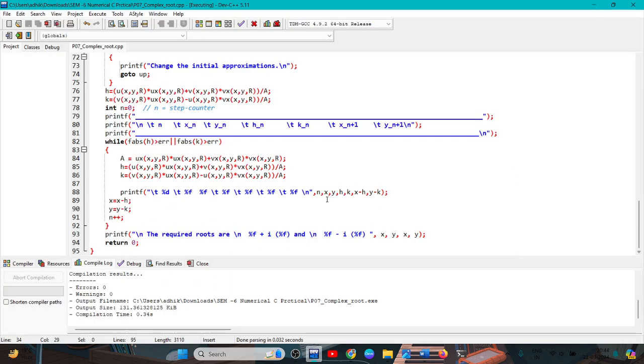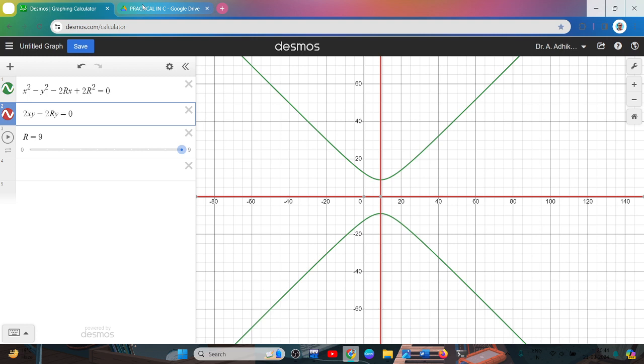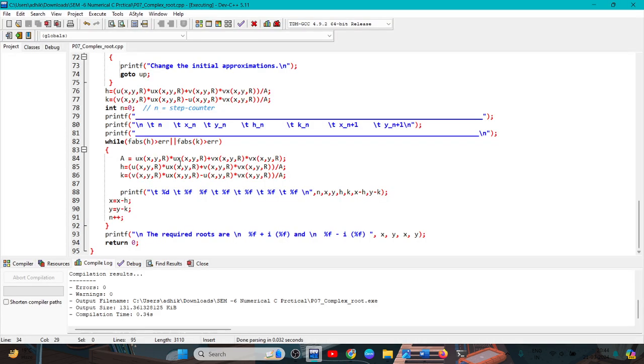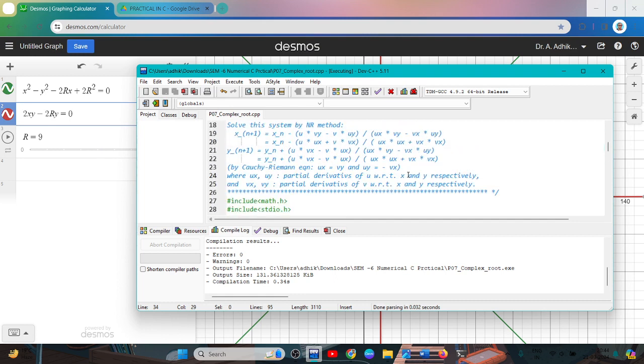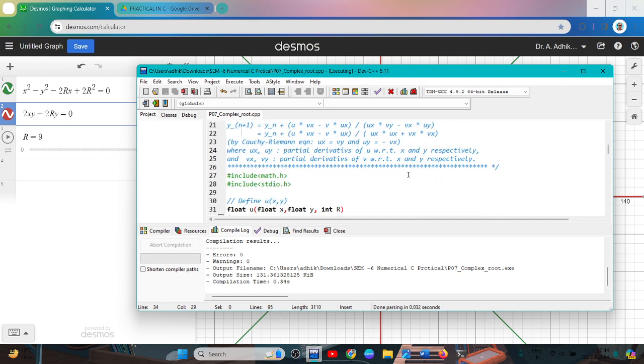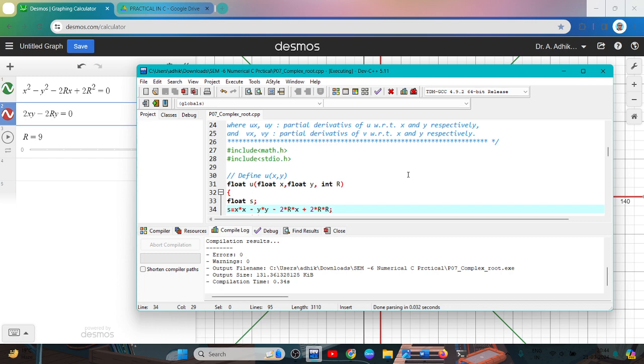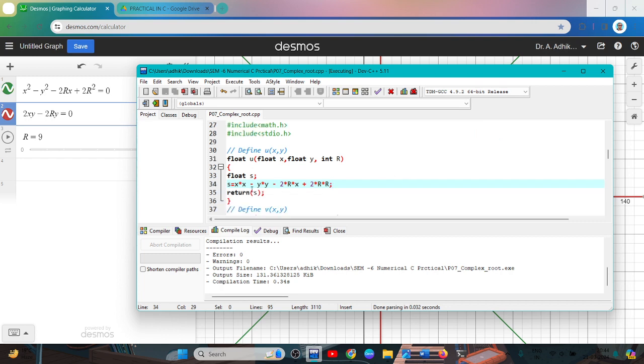And now we go to the Desmos app for this practical. This is the function f(z), where f equals u plus iv.